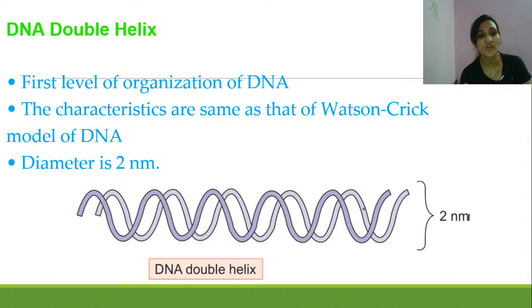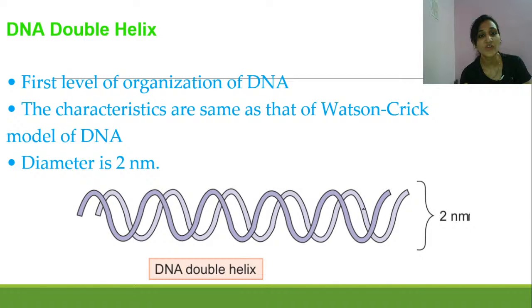Now, what is a 10 nanometer chromatin fibril? The most important thing. It consists of nucleosomes, and these nucleosomes are separated by linker DNA. So, what is a nucleosome?